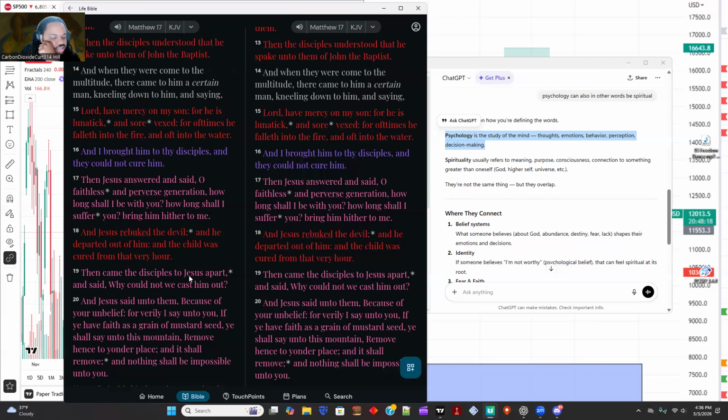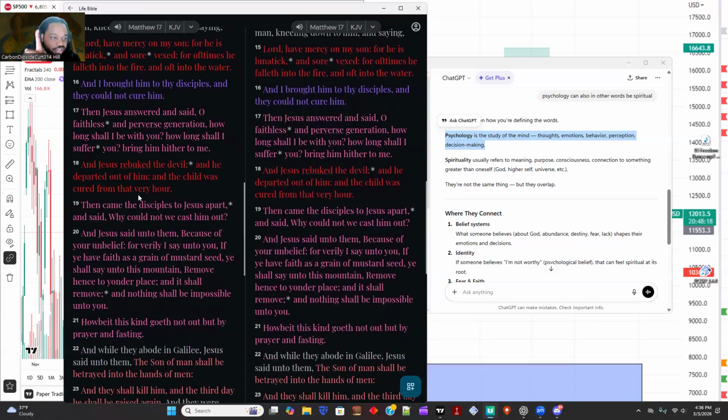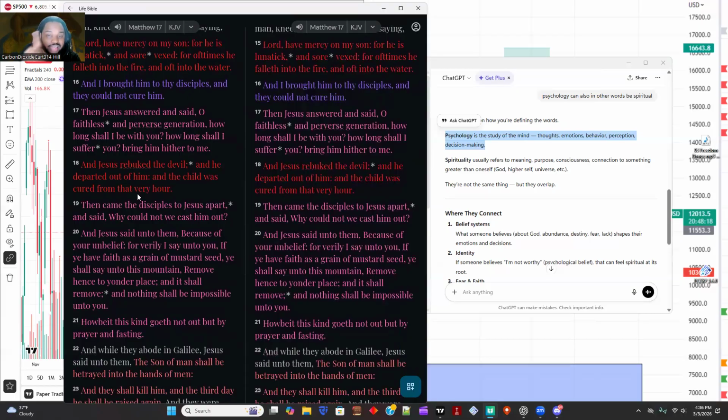Then came Jesus, let's read it. Let's go back to 18. And Jesus rebuked the devil, and he departed out of him, and the child was cured from that very hour. So that means that all psychological problems and spirits can be cured. Then it says, then came the disciples to Jesus apart and said, why couldn't we cast it out?